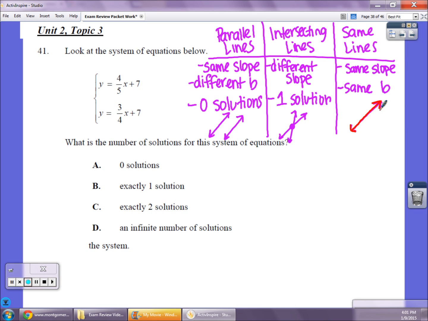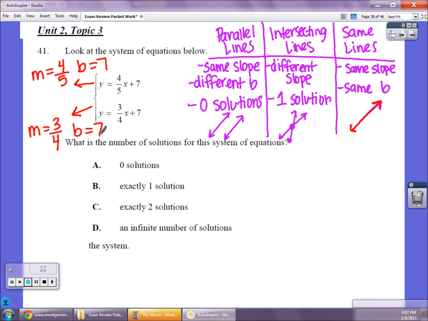Okay, so let's look at our choices and our equations here again. All right, so the first equation, I'm going to identify the slope and the y-intercept. So we have a slope of 4 over 5, that's our rise over run, and a b value of 7. And this one's going to have a slope of 3 over 4 and a b value of 7.